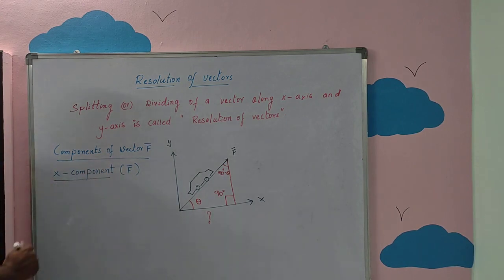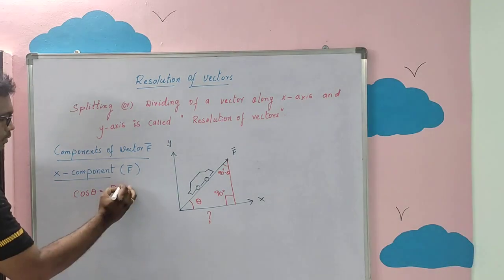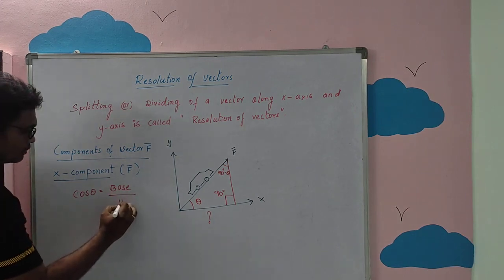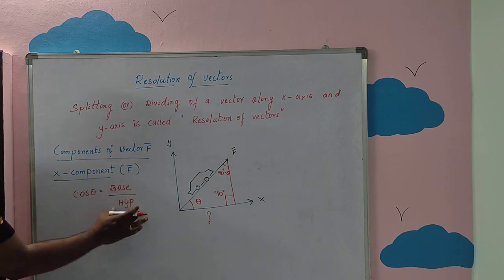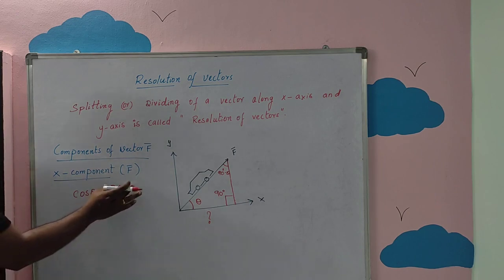So, to find the x component of the force vector, use the formula cos theta. Cos theta is equal to base upon hypotenuse, or adjacent side by hypotenuse. So, from the diagram, what is the base?